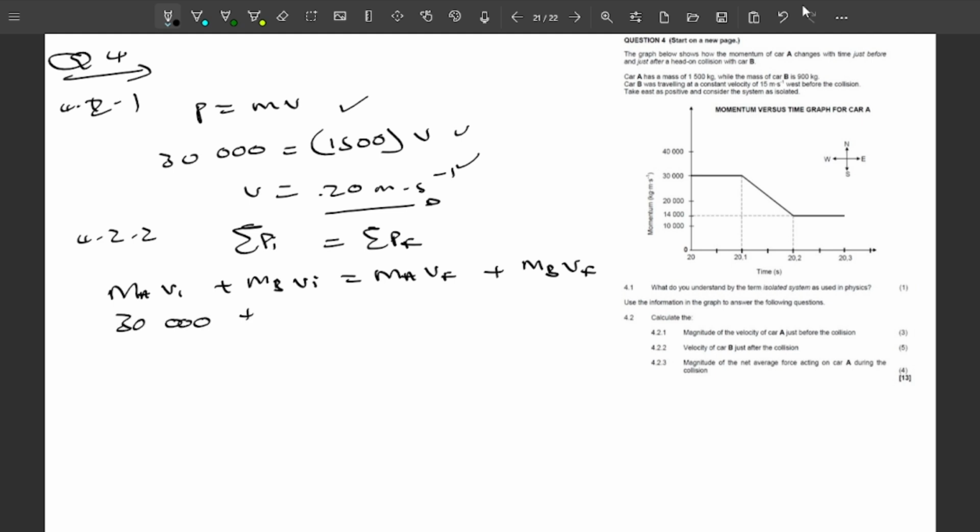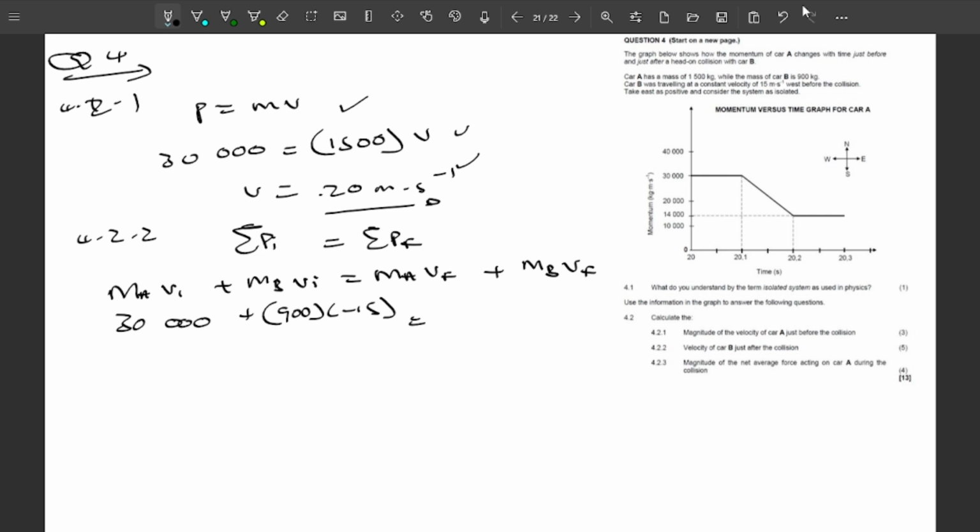Then the momentum of car B, we don't have it, so we are forced to calculate it. It is 900 times negative 15, because they said take east as positive, and it's moving west, so it's negative.